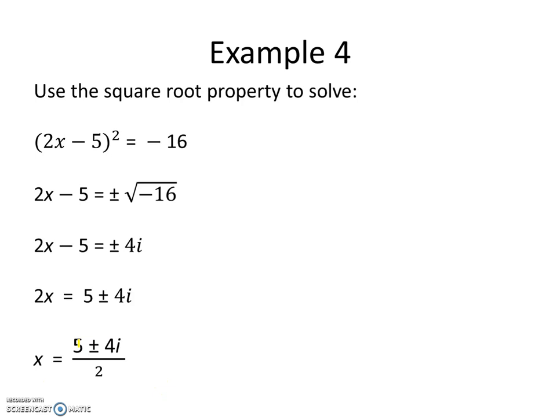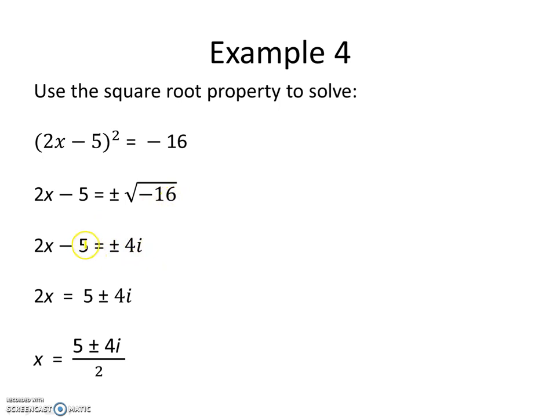Going on and still using the square root property, on example 4, we're given the quantity 2x minus 5 squared equals negative 16. Taking the square root of both sides, we get 2x minus 5 equals plus or minus the square root of negative 16. We know the square root of negative 1 is i, and we know the square root of 16 is 4.